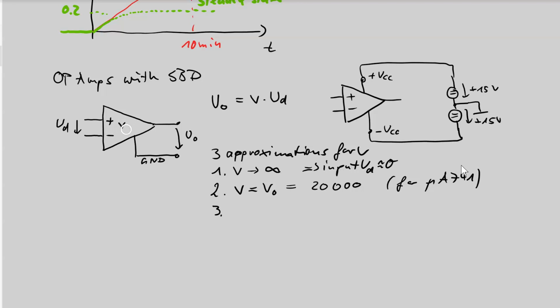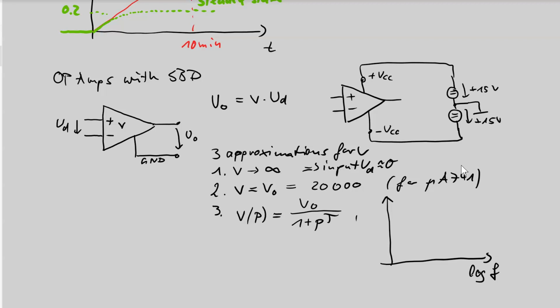The operational amplifier behaves like a low-pass filter, and this is expressed by a transfer function of my V, which is the DC gain divided by 1 plus pT. And the DC gain is similar to approximation number 2, and the time constant depends on the data sheet value, depends on the type of the operational amplifier.